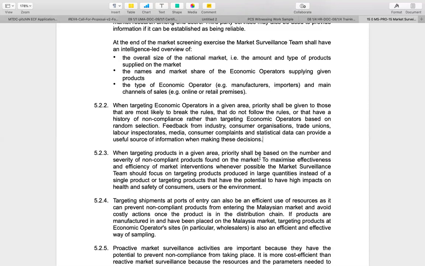When you target a given area, the priority should be based on the number and severity of non-compliant products found on the market in that area.